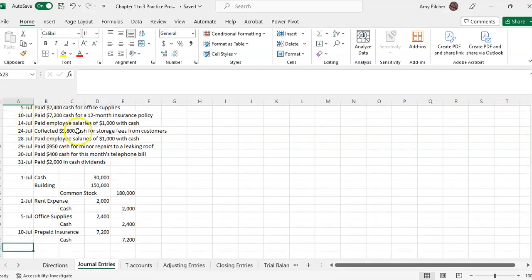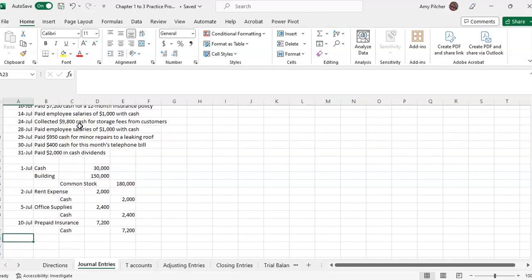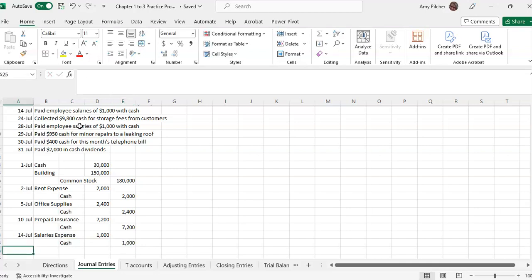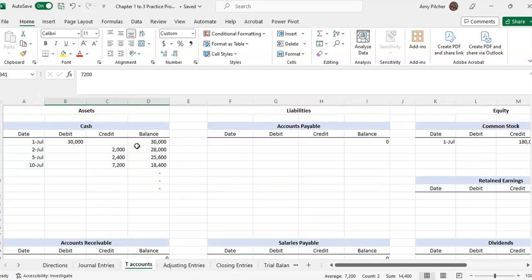On July 14th, we paid employee salaries of $1,000 with cash. We have a salaries expense as our debit, and we paid cash of $1,000. Record July 14th.